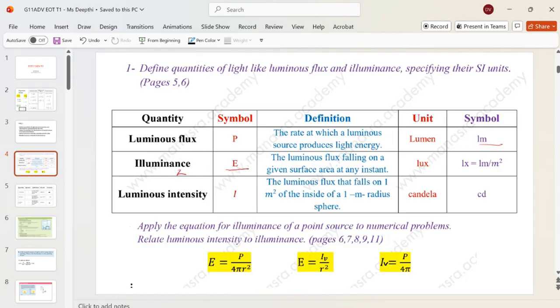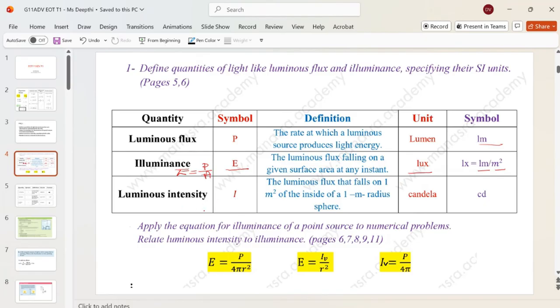So illuminance also has the equation E is equal to P by area, that is, flux by area. Now the unit is lux. Since it has the unit P by A, you can also write the unit lumen per meter square, because lumen means P and meter square means area.